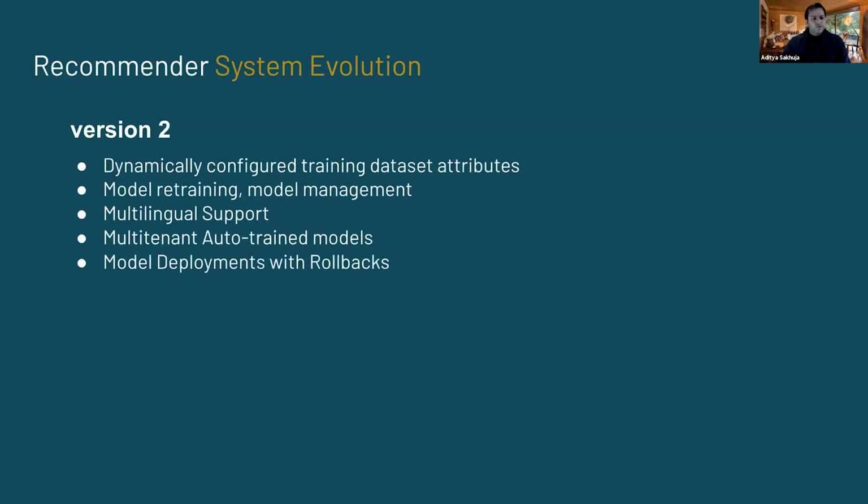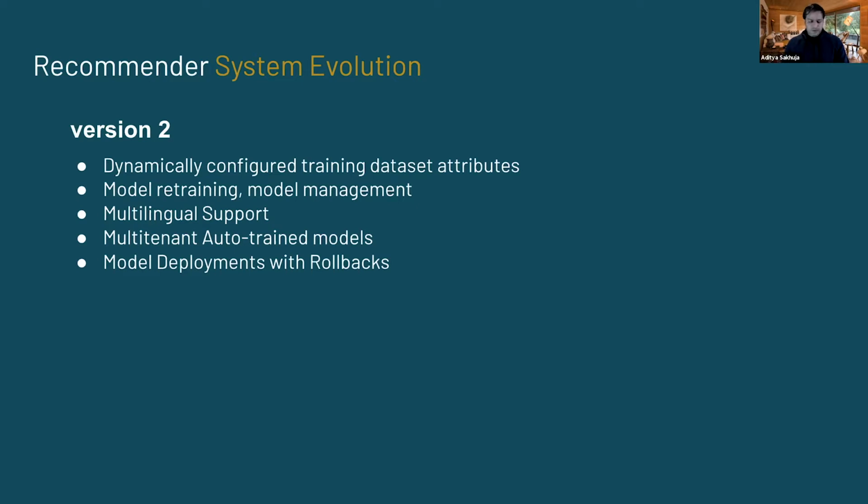In version 2, and maybe we can call it version 2 and 3, but I've summed it up in version 2, some of the key pieces we were working on earlier were built. We started supporting dynamic configuration for the customer to specify the selection and projection through a flow. We also invested heavily in model retraining and model management.